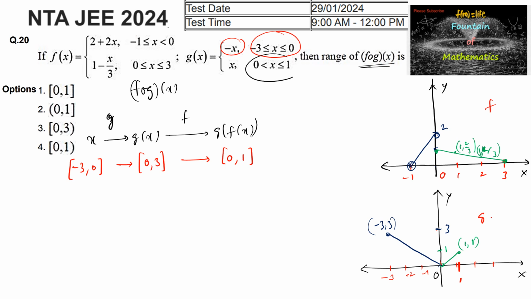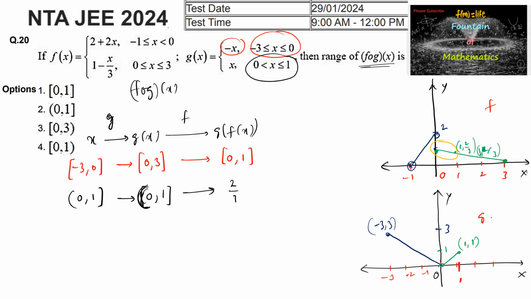and in the second case when x lies between 0 and 1, you can see in the function g, from 0 to 1 the graph is again 0 to 1. And again here, when x lies between 0 and 1, we can see the portion of the graph from 1 comma 2 by 3 to 1.